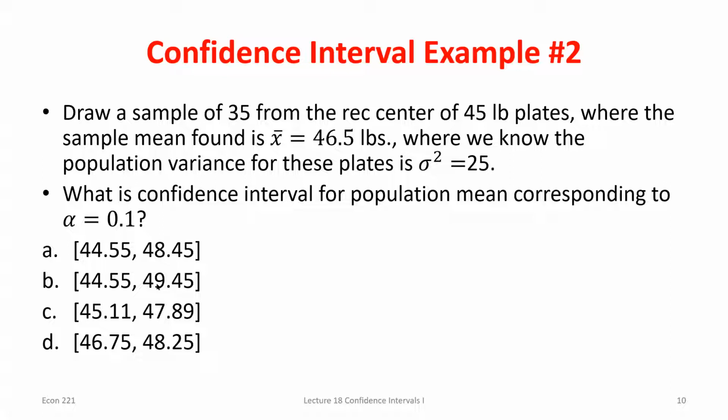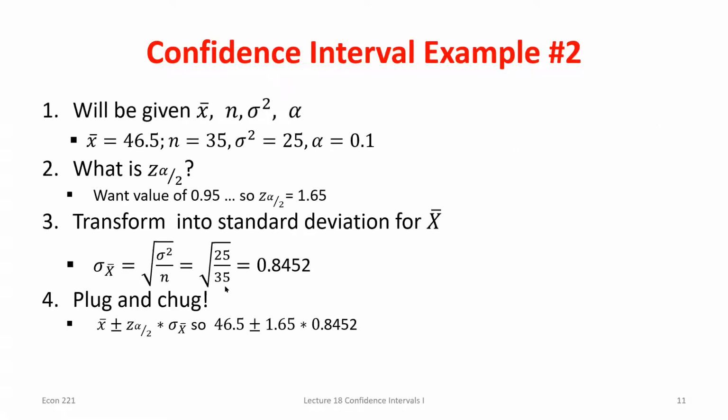So it's not exactly in the middle. So B doesn't make any sense for me either. So if I'm taking a guess at this point, and I don't want to use my calculator and do anything, A or C is going to be the answer, right? Now, when I actually work it out, we can determine which of those is correct, but at least there's a couple I could rule out right away, just knowing the principles of confidence intervals.